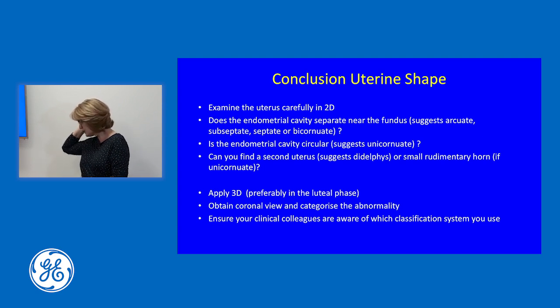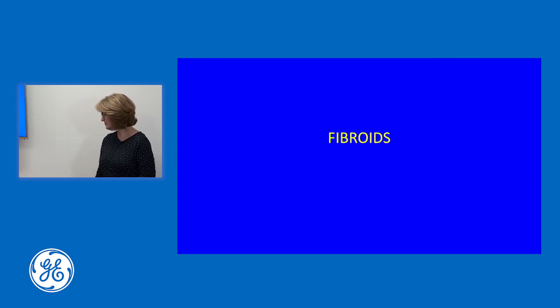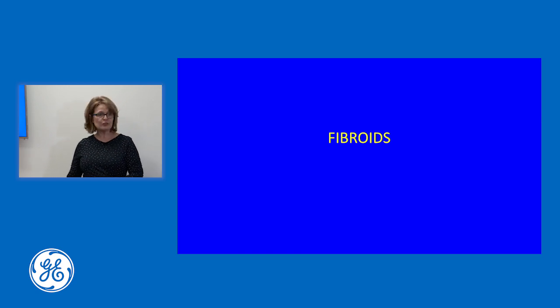Luteal phase is very good, and you can get the coronal view and categorize the abnormality, and then tell your colleagues that you're using this classification system, not a different one. So that was the most useful reason, I think, for using 3D, but I use it a lot.